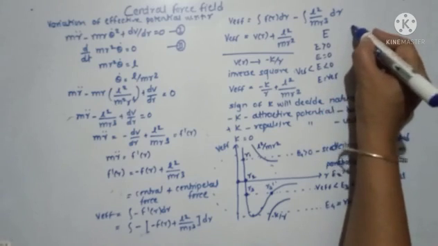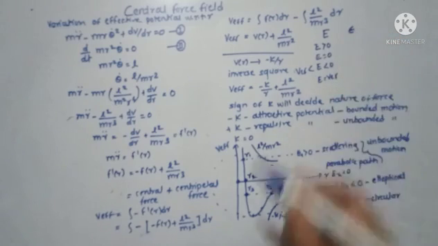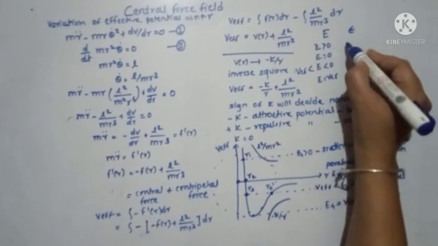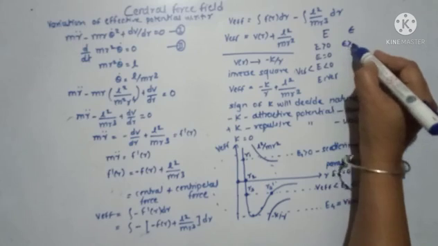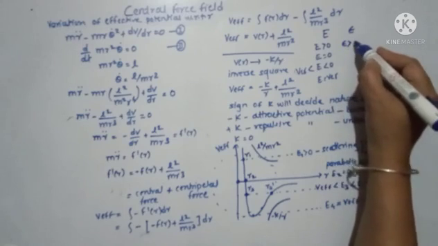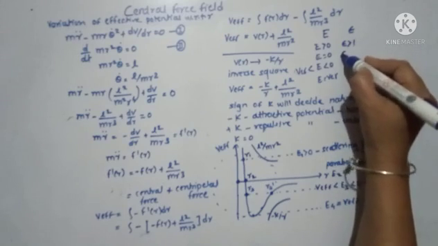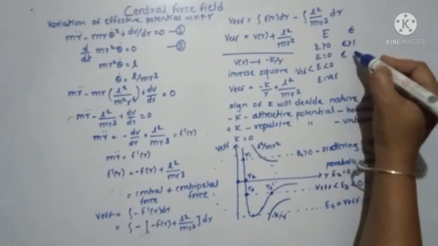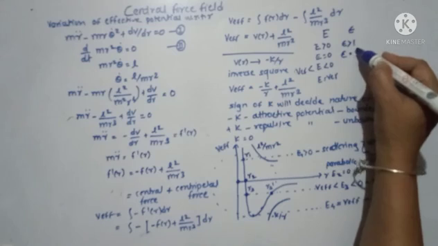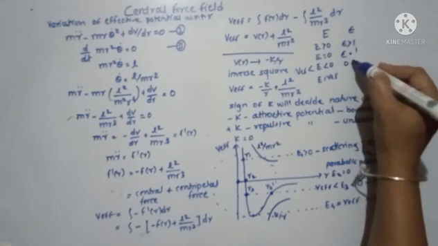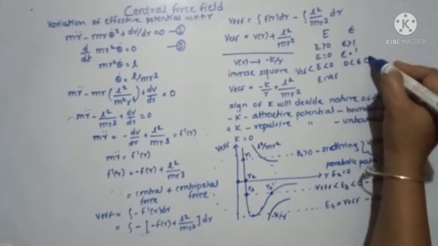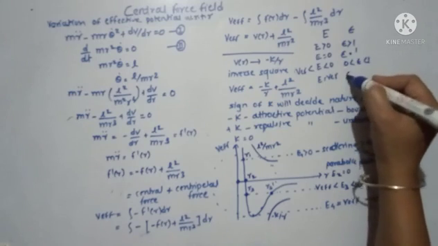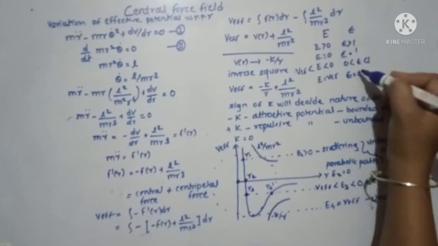For such cases, the eccentricity e is greater than 1 for the first, e equal to 1 for the second, 0 less than e less than 1 for the third, and e equal to 0 for the last.